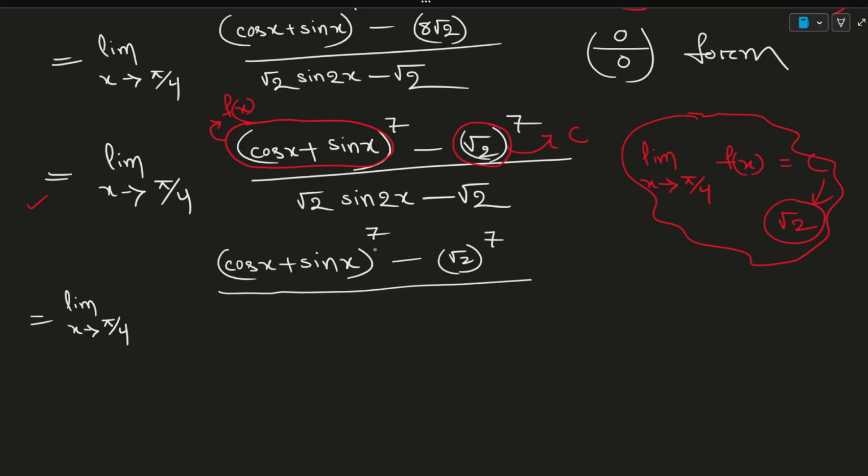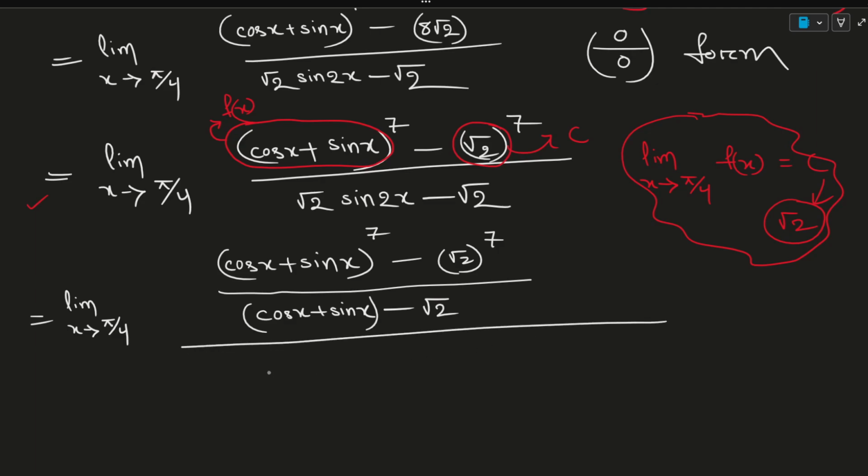The numerator is f of x to the power n minus c to the power n.